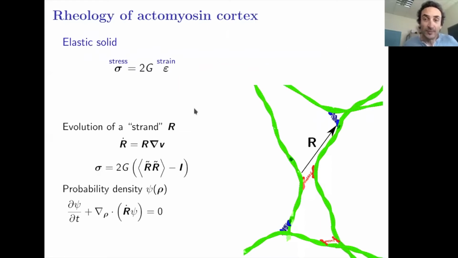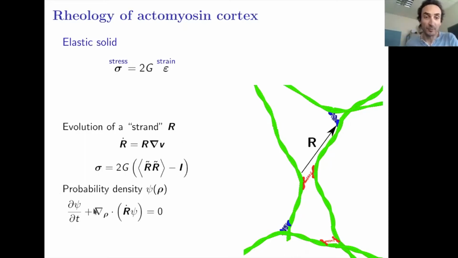Okay, so now I've told you actin was forming a network of filaments which are cross-linked. The simplest model for such a network would be an elastic solid. Of course, you have this meshwork whose stress is proportional to the strain applied to it. And the way you can obtain this constitutive relation, you can monitor what is called a strand between two crosslinks, say that it will be affinely deformed by the gradient of velocities if you're pulling on it.